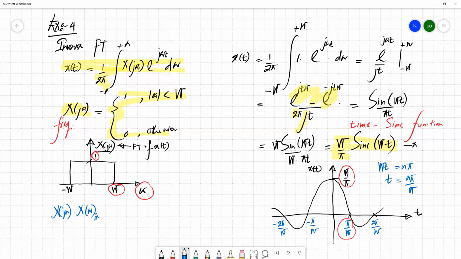If you multiply this, outside this block the value would be 0. So whatever frequency components are outside the spectrum are simply suppressed to 0, and it just passes the frequency components in between minus W and plus W. So this is kind of a filter.